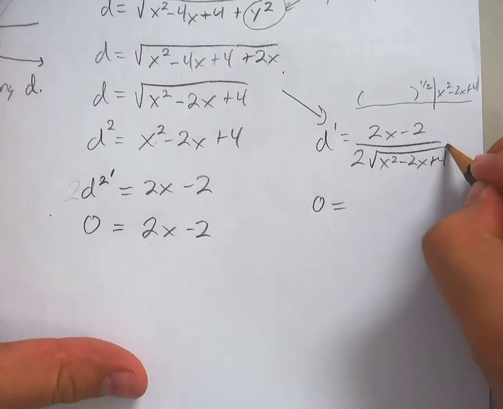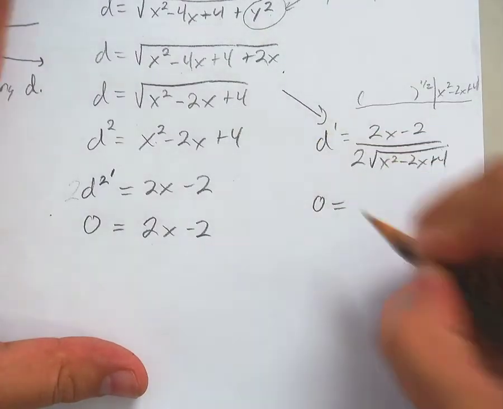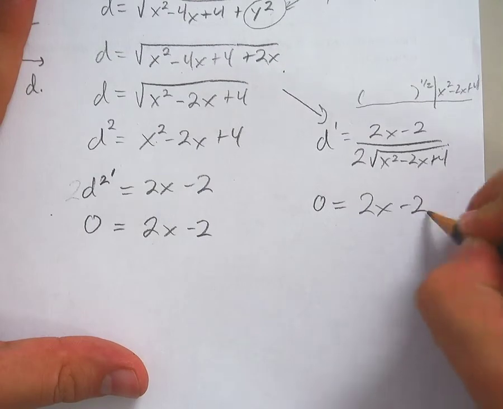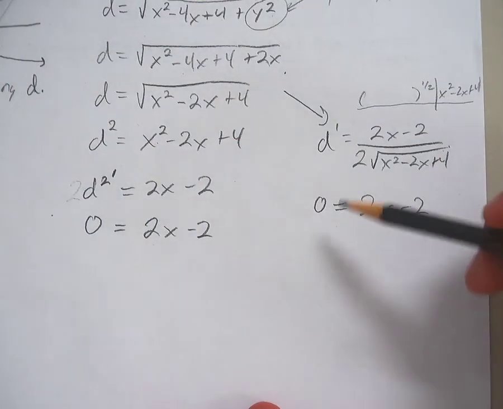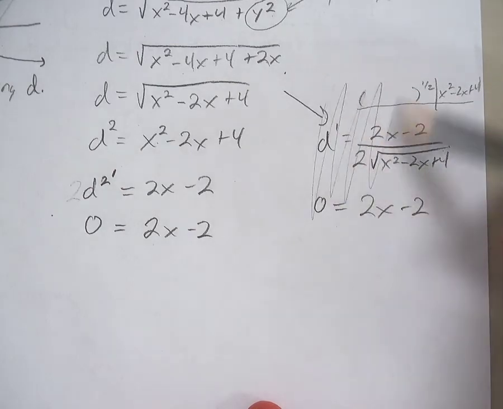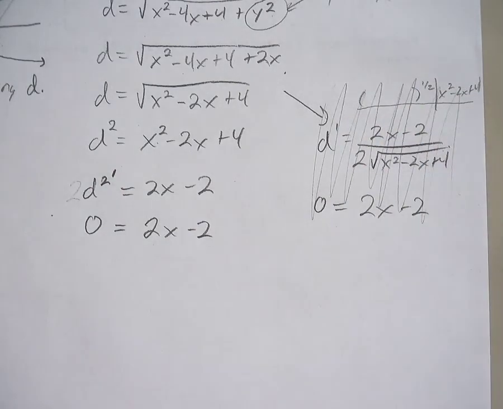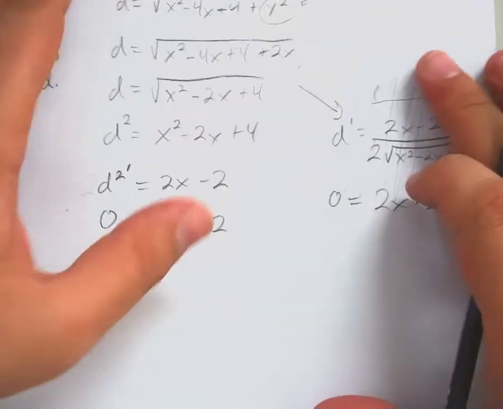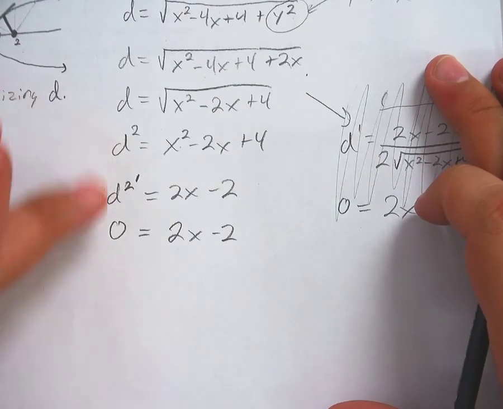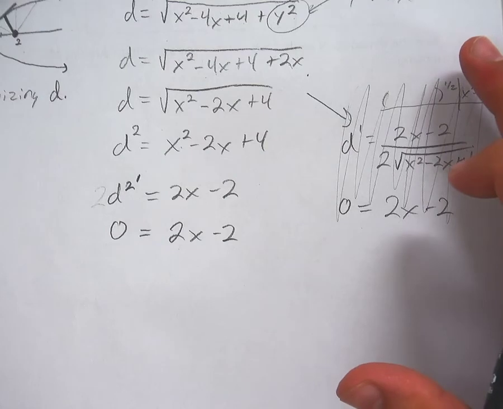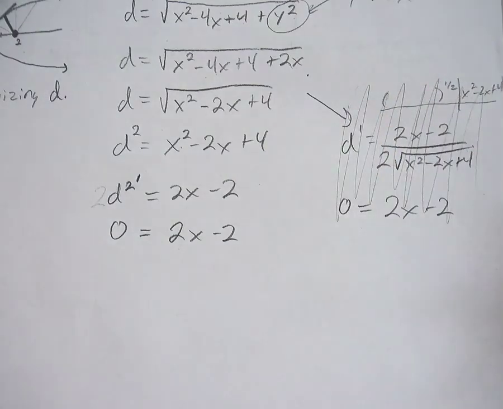Multiply the denominator over here, you end up with the same thing. So why would I go through the trouble? That's what I did all that for. Don't go through the trouble. Every one that you do, you're going to end up doing this: squaring it, setting that d squared prime to 0. It makes your life so much easier. Just don't worry about it.